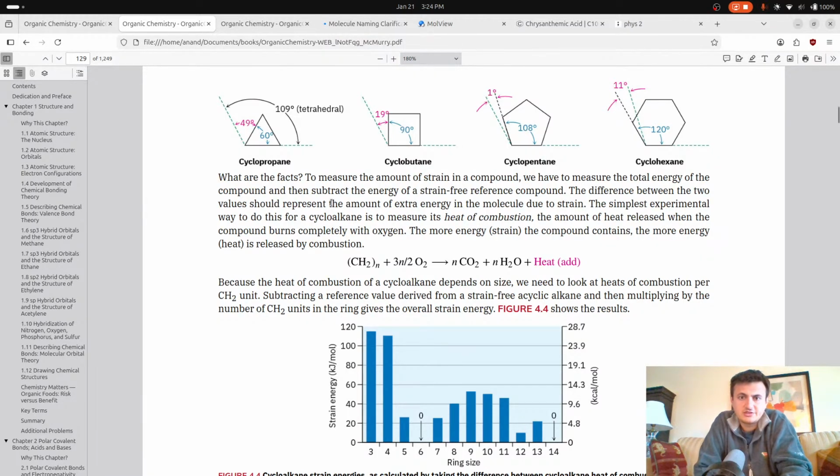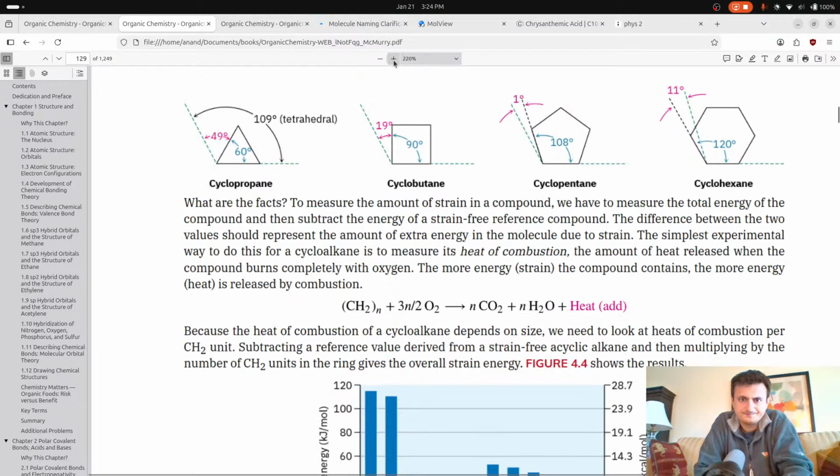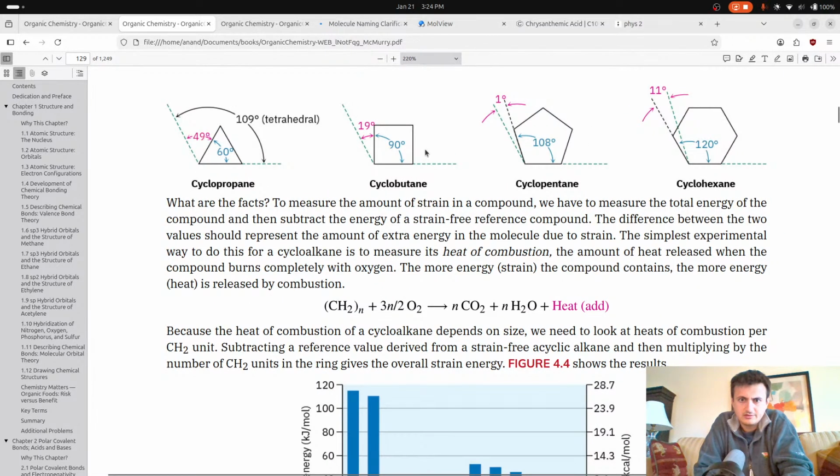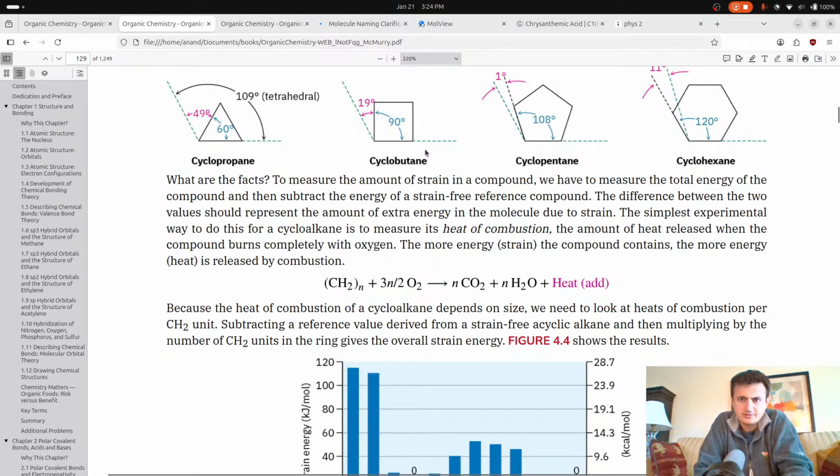What are the facts? To measure the amount of strain in a compound, we have to measure the total energy of the compound and then subtract the energy of a strain-free reference compound. The difference between the two values should represent the amount of extra energy in the molecule due to strain.